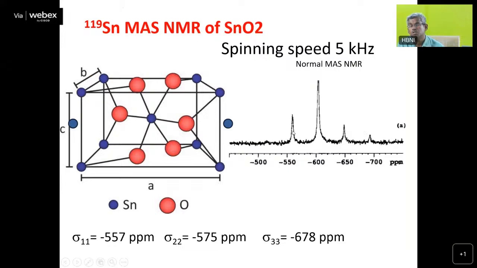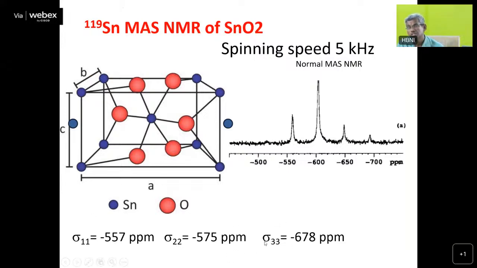Because this is one of the components of the chemical shift anisotropy, sigma 11, sigma 22, sigma 33. So the average effect of these two peaks will be coming as sigma 33, sigma 11 will be somewhat close to that, and sigma 22 is somewhere like this. This pattern also shows that the tin environment is highly distorted, with the chemical shift anisotropy values around minus 557, minus 575, and minus 678.